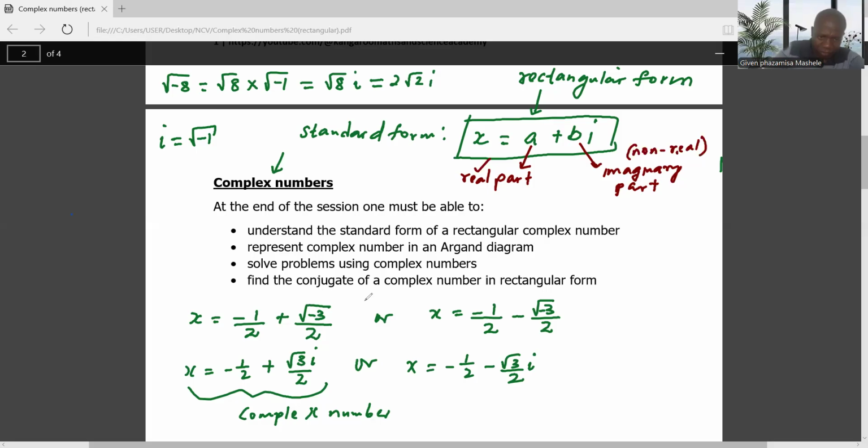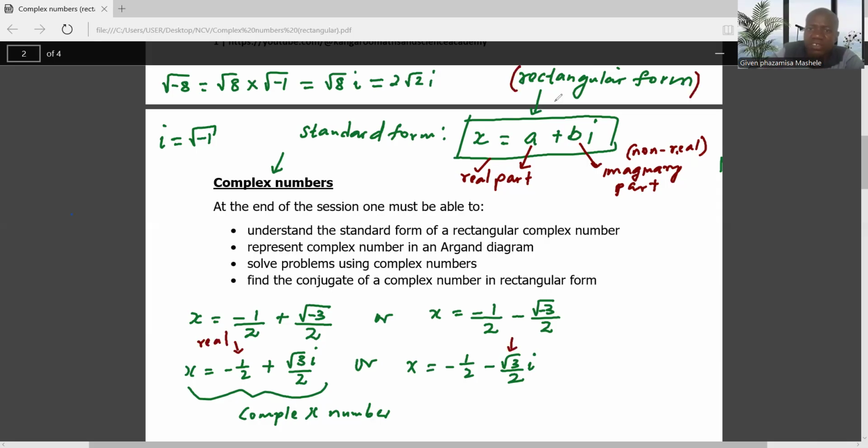From what we have solved here, you can easily see that -1/2 will be the real part, and the plus or minus root of 3/2 will be the imaginary part. So now we are able to represent and solve for complex numbers.